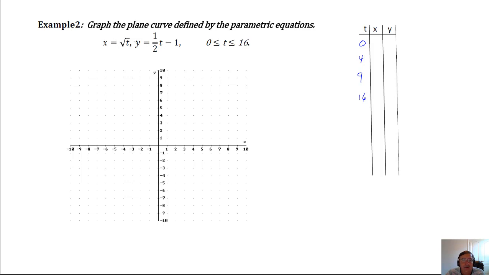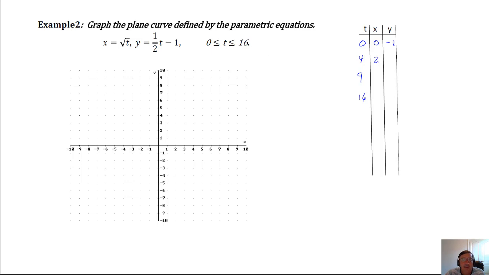So again, when I plug 0 in for t here, x is the square root of 0, or 0. y would be -1, which is 1/2 times 0 minus 1. For 4, x would be the square root of 4, which is 2.